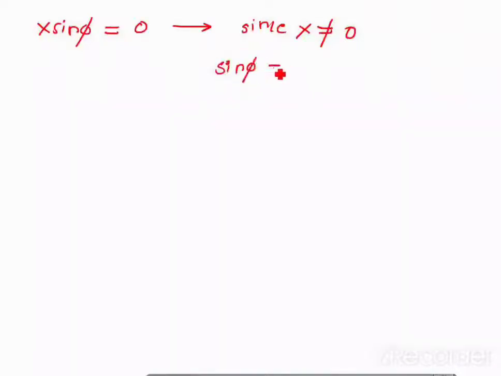From this equation, X sine phi is equal to 0, you can understand that X cannot be equal to 0, because X is the steady state amplitude, and it is never equal to 0. It has some magnitude. So we take sine phi equal to 0, therefore phi is equal to sine inverse of 0, so phi is equal to 0.